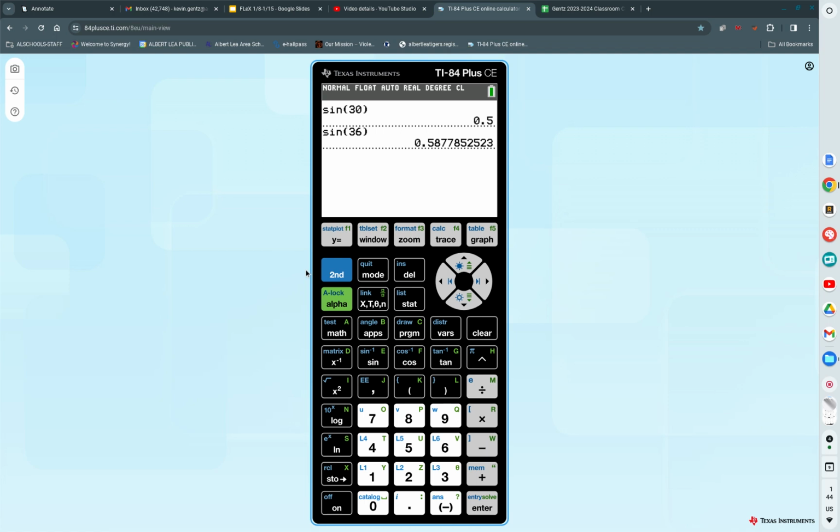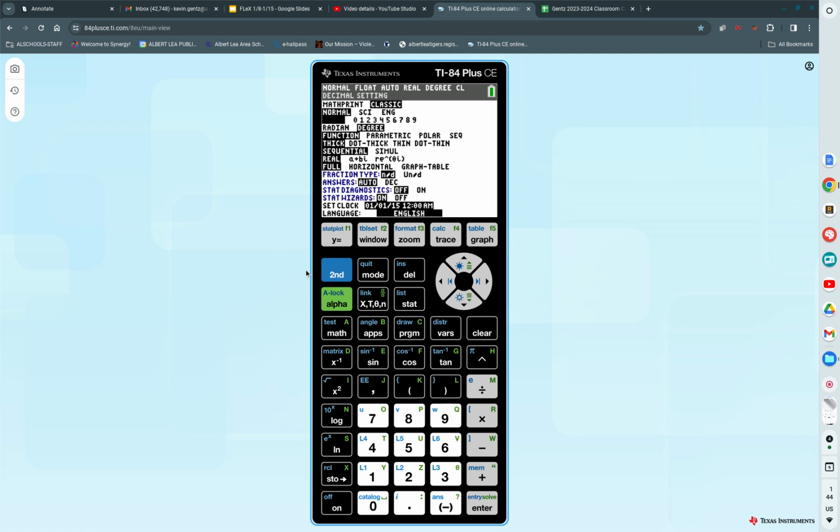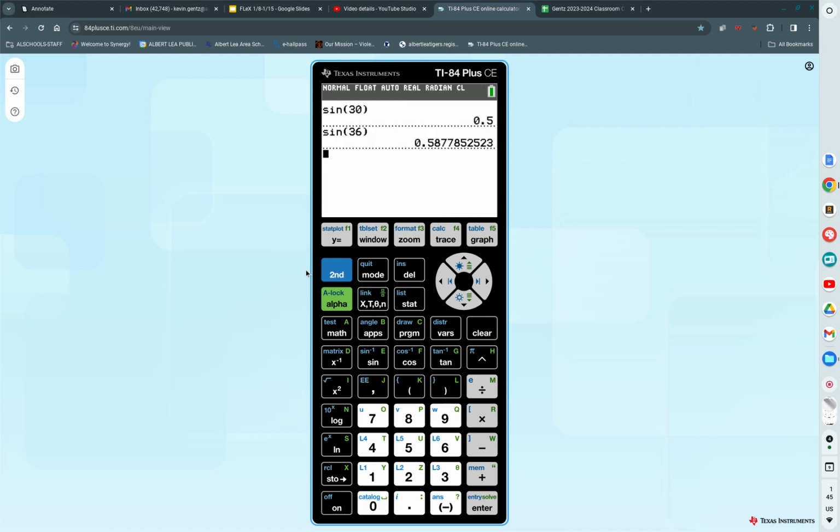Now, suppose I switch this and instead of degrees, I worked in radians. Press mode and then move down to radians. And now, if I press sine of 30, we all know that the sine of 30 degrees is 0.5, but if I press sine of 30, I don't come up with 0.5, do I?